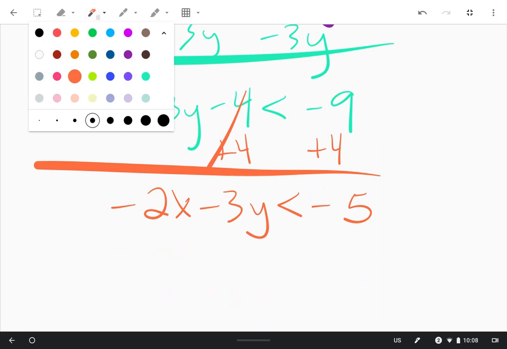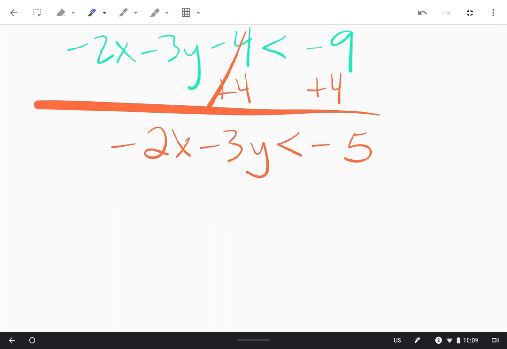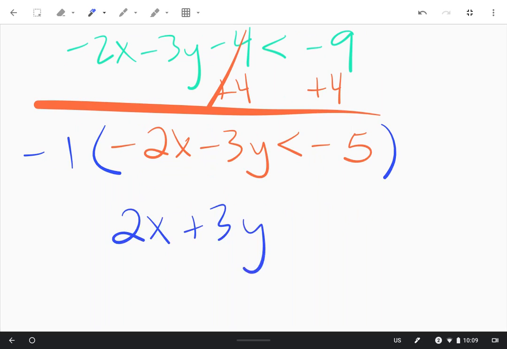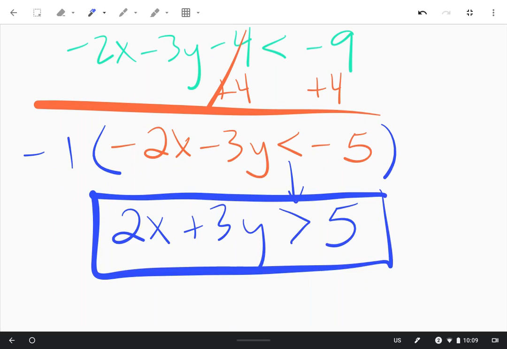Now, if you wanted to, because frankly it looks a little ugly with all the negatives, we can multiply this entire equation by negative 1, and we would end up with 2x plus 3y is greater than 5. And don't forget, whenever you multiply or divide by a negative number, you have to switch the inequality symbol to the other direction. And so this would be the final. Either one of these is fine.